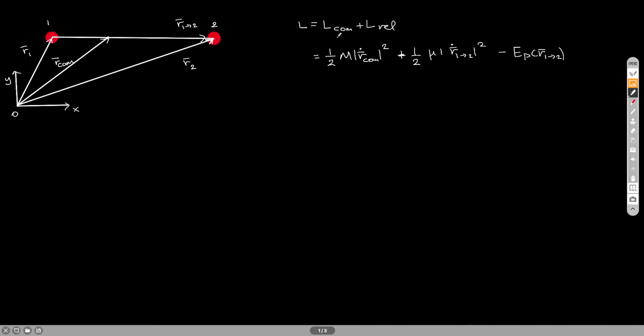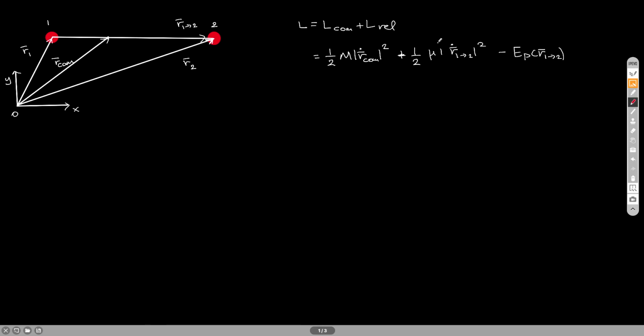The part that corresponded to the center of mass Lagrangian was simply 1/2 the total mass of the system times the speed of the center of mass squared. And then I had a kinetic energy term that depended on the reduced mass.